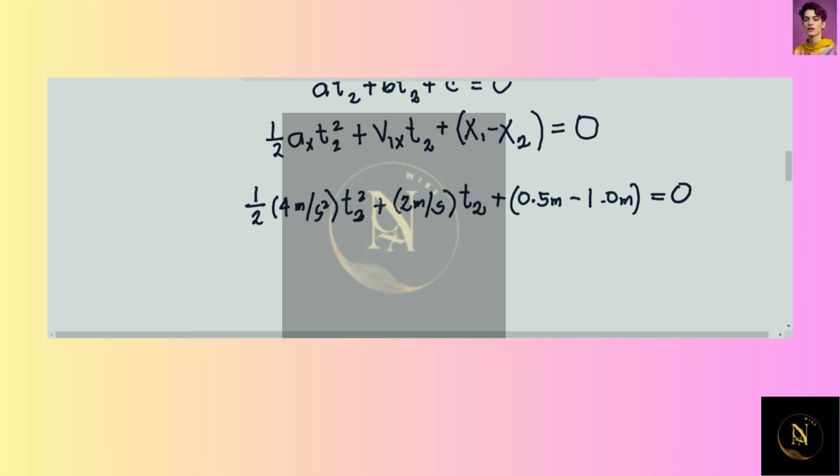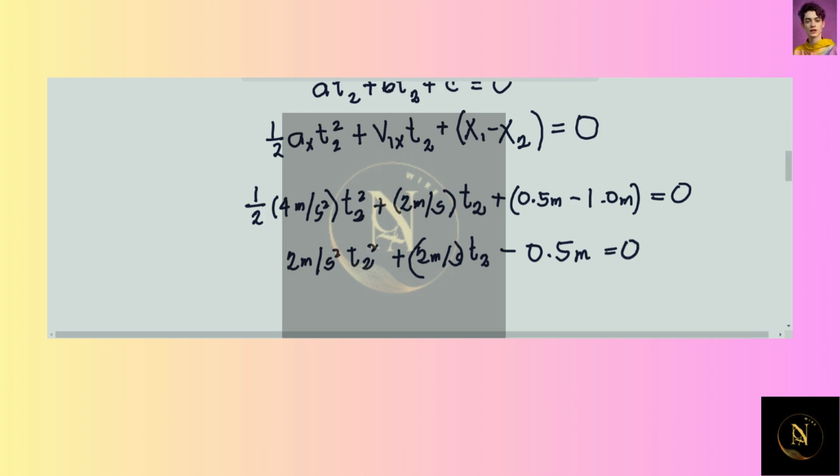Simplifying, we have 2 meters per second squared t sub 2 squared plus 2 meters per second t sub 2 minus 0.5 meter equals 0.